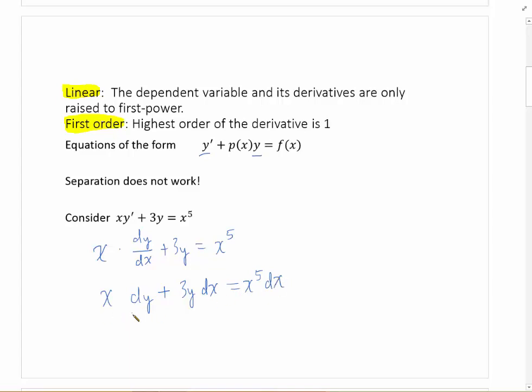So notice I have an x dy, notice I have a y dx. That's not good. And there's nothing algebraically that I can do to force the separation. So separation doesn't work. We have to use some other method. So let's see that method in action, and then I'll go back and explain why it works.